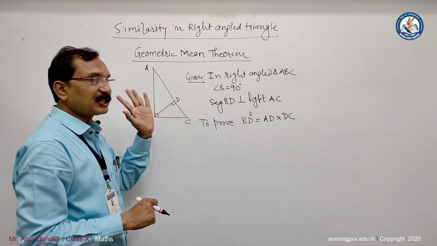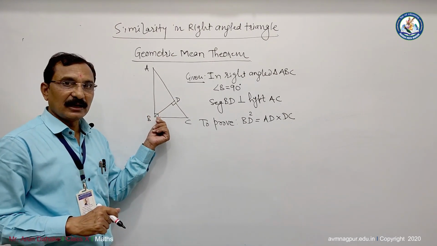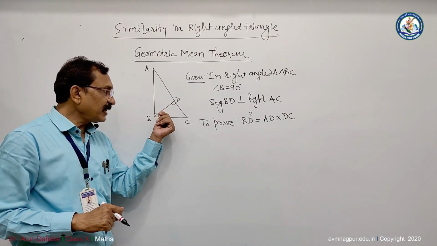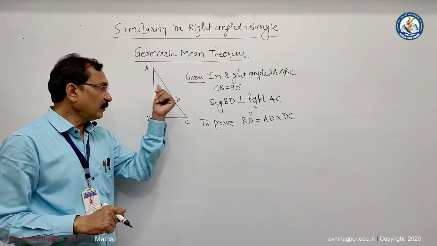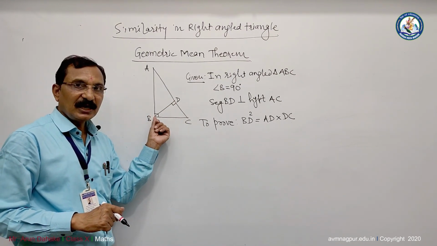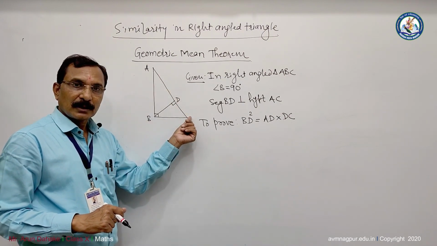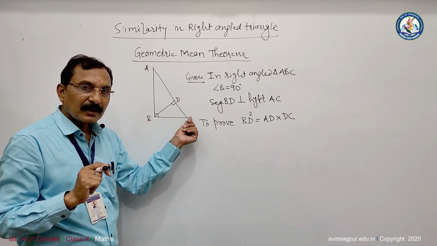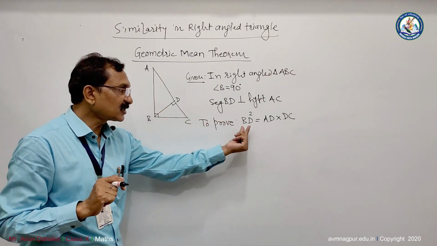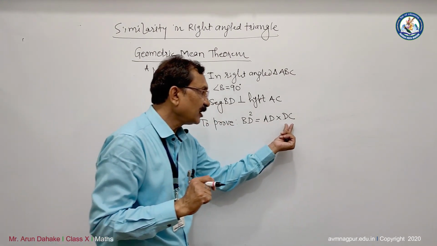Its condition must be satisfied here. So what is the condition? In a right angle triangle, segment BD drawn from the vertex B to the hypotenuse AC, then the result is BD square is equal to AD into DC.